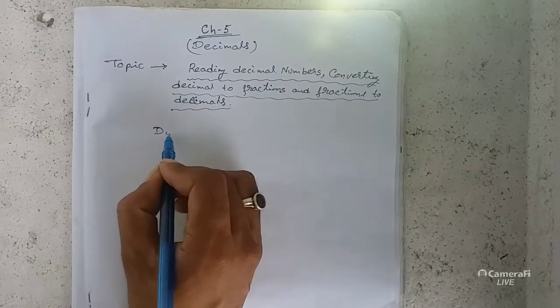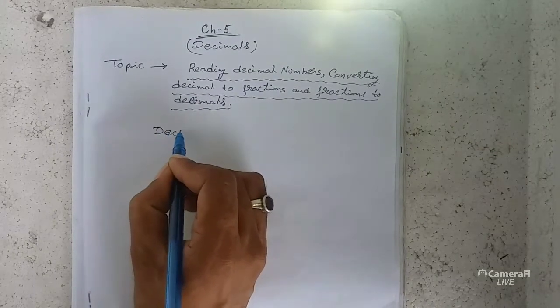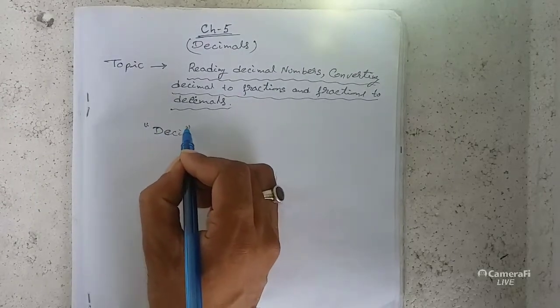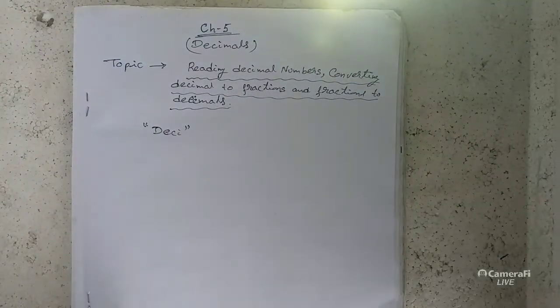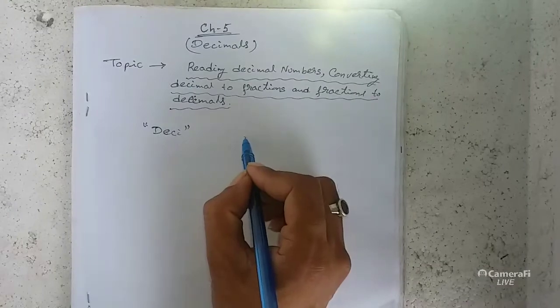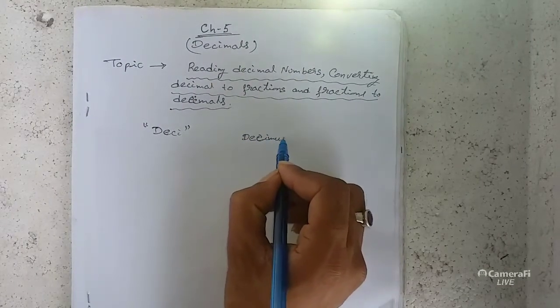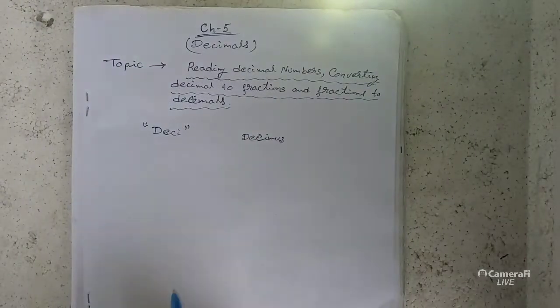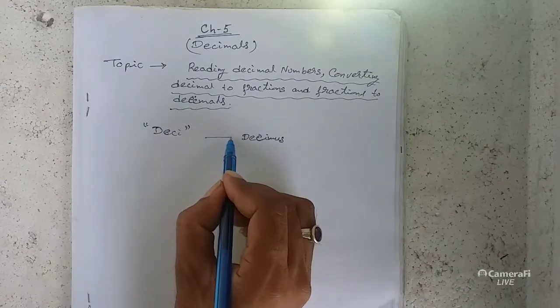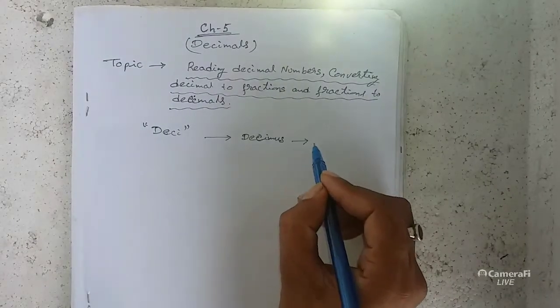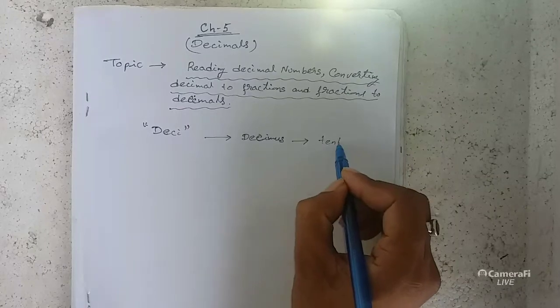Actually this word part deci comes from decimus, and decimus means tenth.